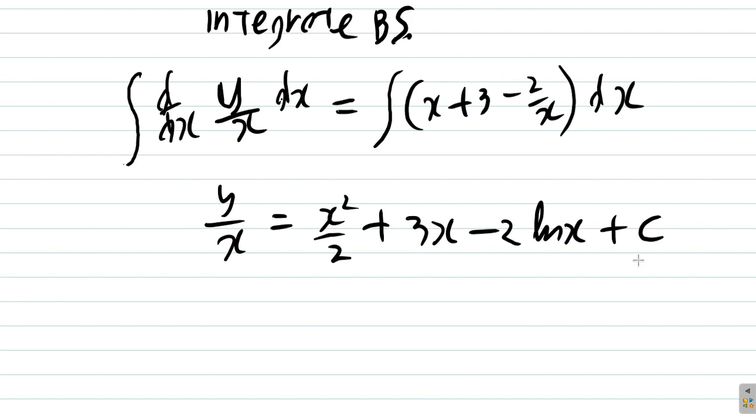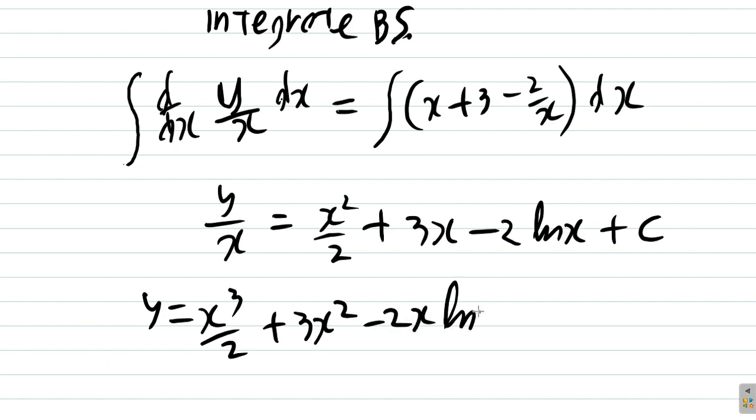Now here you can neaten it up a bit. Suppose we multiply both sides by x. You have y equals, well, this would be x cubed over 2 plus 3x squared minus 2x ln x plus, well, cx. So that would be cx. And then we want everything flat.